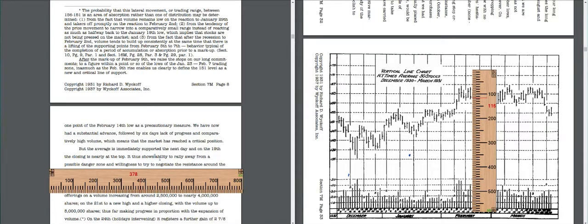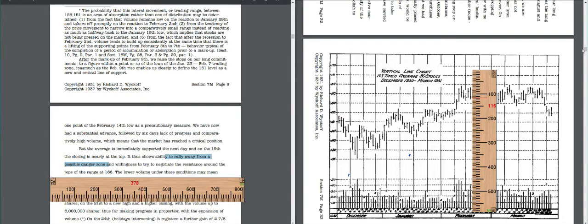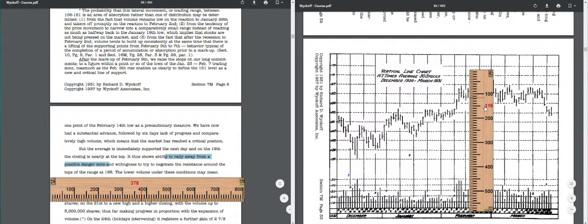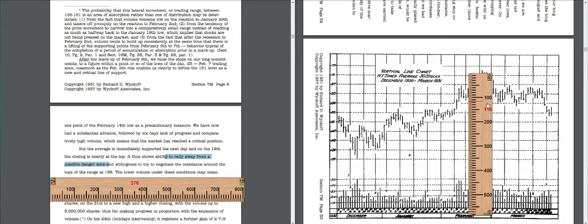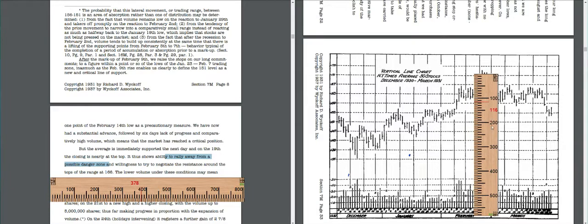Here's the idea of rallying from a possible danger zone. All right, so when it goes up, it goes down. Immediately, it goes up. So this right here was danger, but it had no follow through.